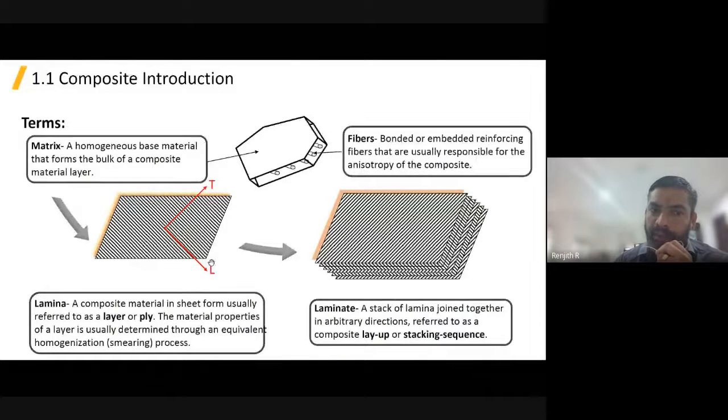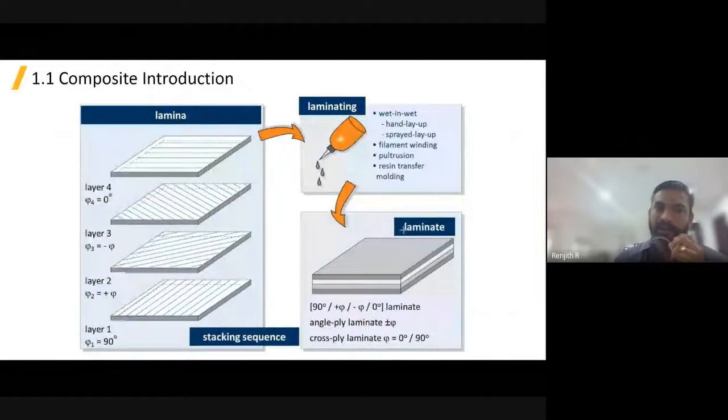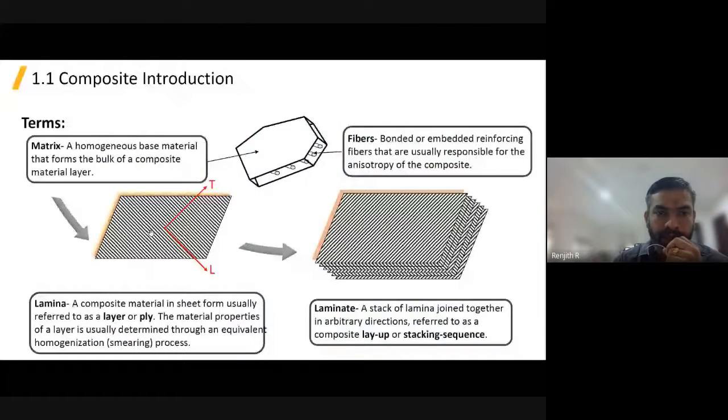Lamina is the layer, and laminate is the stack-up of layers which we combine. The advantage of lamina is that we can orient the fibers in our required direction. Suppose I want strength in this L direction, I can keep more fibers in that direction, so I'll get more strength in that direction.